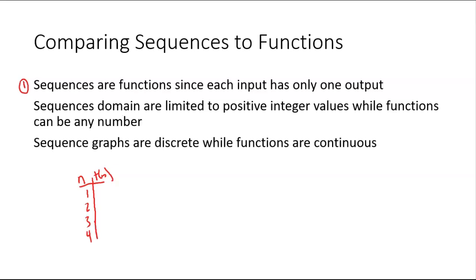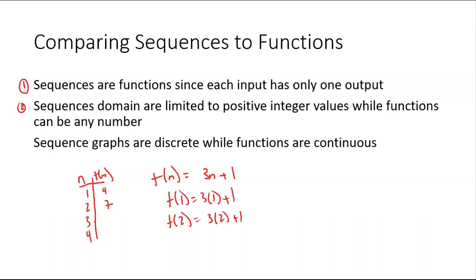And no matter what, if t of n is equal to 3n plus 1, when I plug a 1 into this equation, t of 1 is 3 times 1 plus 1, I know I'm always going to get out the number 4. If I plug a 2 in, I'm always going to get out 7 and so forth. So they're always functions. That means that they'll pass the vertical line test.